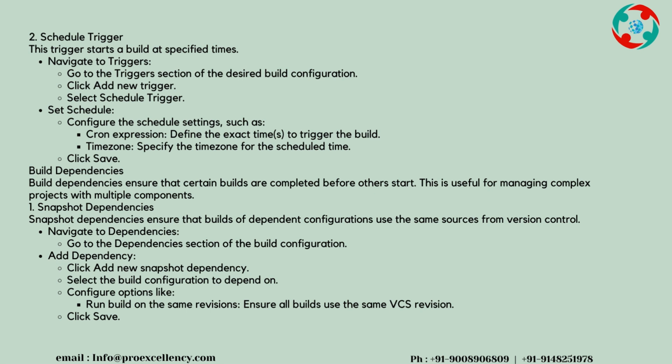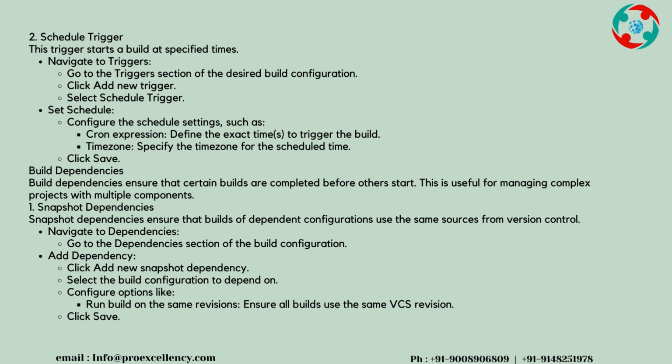Define the exact times to trigger the build. Time zone. Specify the time zone for the schedule time. Click Save. Build dependencies. Build dependencies ensure that certain builds are completed before others start.